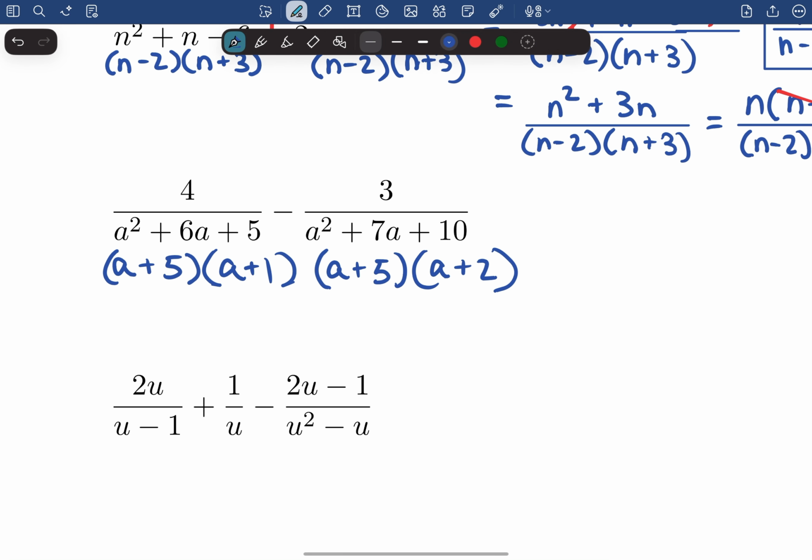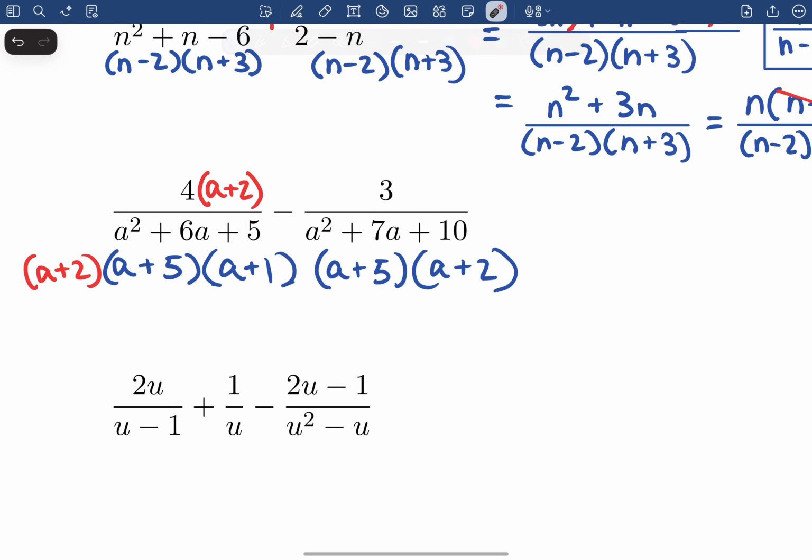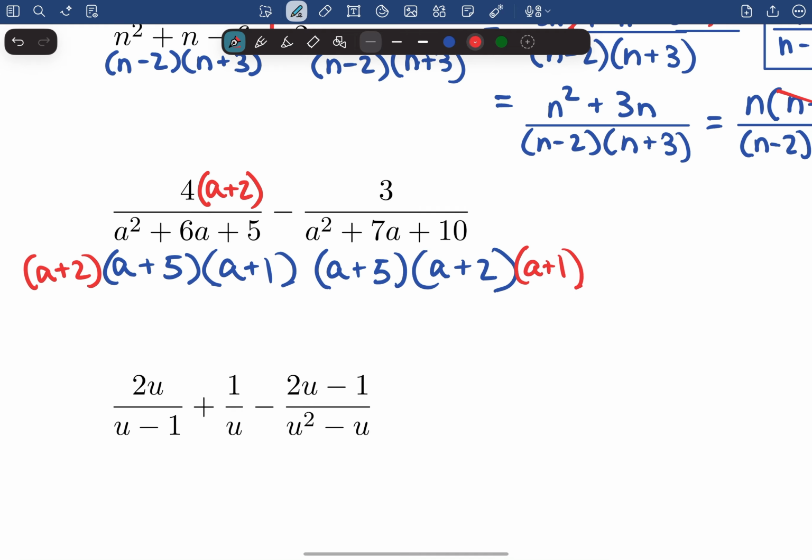So I'm going to tag on an a plus 2 to the top and the bottom of this fraction. And then what is this denominator missing? It's missing the a plus 1 factor. So I have to multiply on the a plus 1 factor, but I don't just do it to the bottom, I do it to the top as well. Okay, and so now we have a common denominator.